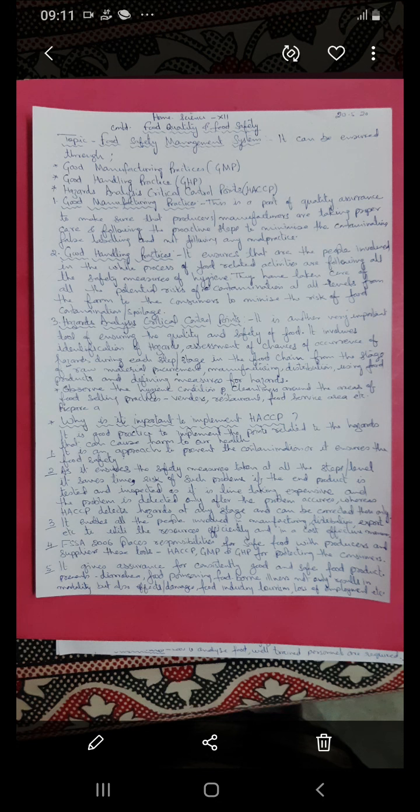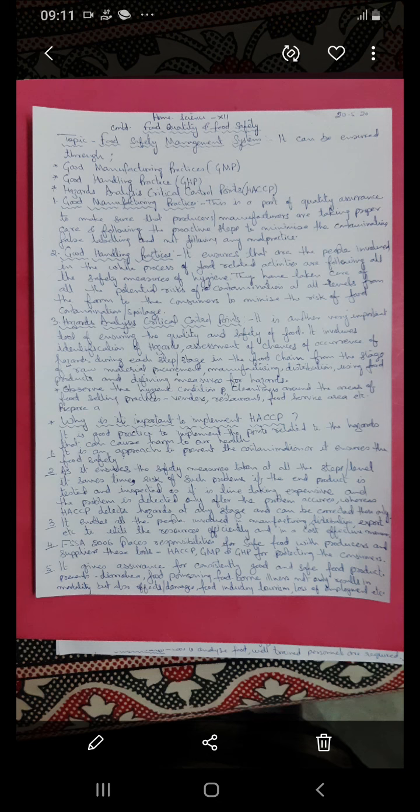Then it gives assurance of consistently good and safe food products when these HACCP points are followed by the manufacturers, producers and suppliers. And the main ultimate objective is the consumer.